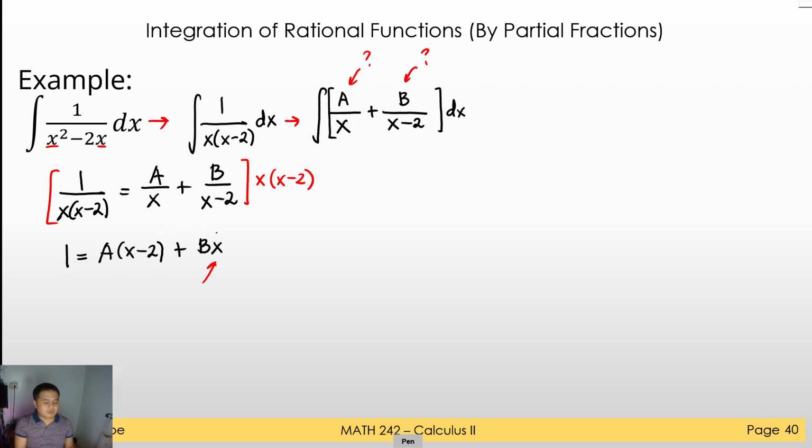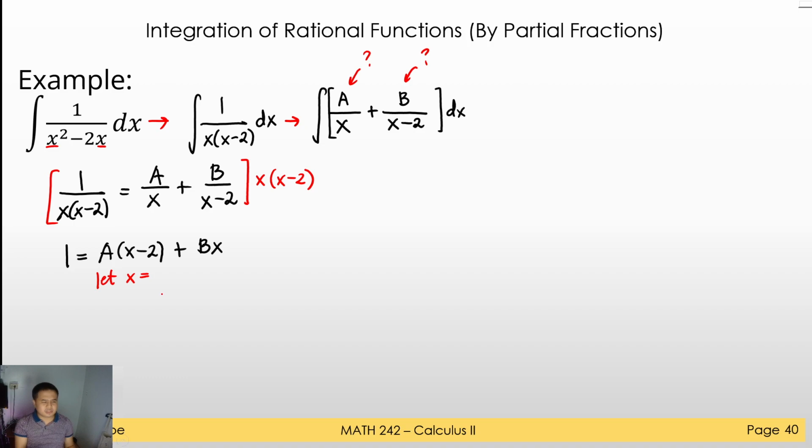And then if you substitute 0 here, for example, then this will cancel out, right? So this will become 0 minus 2, so negative 2 times a. So you can solve for a, right? So to solve for a and b, you can let x be equal to something to cancel out a term to solve for the other coefficient.